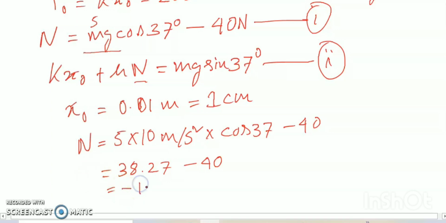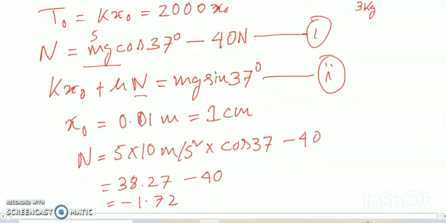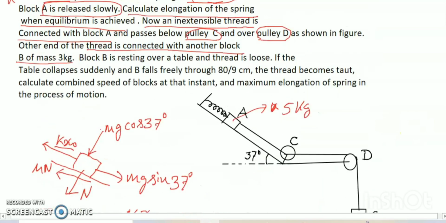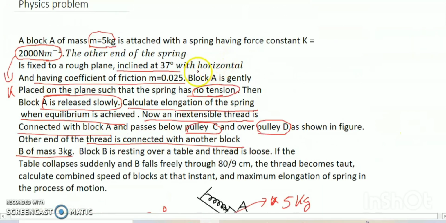Now mu is given, the coefficient of friction is 0.025.